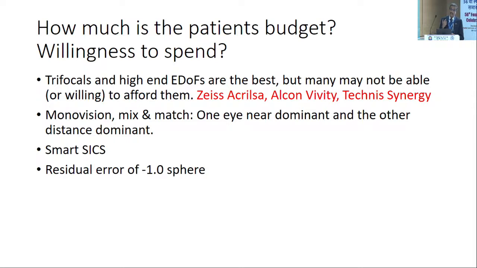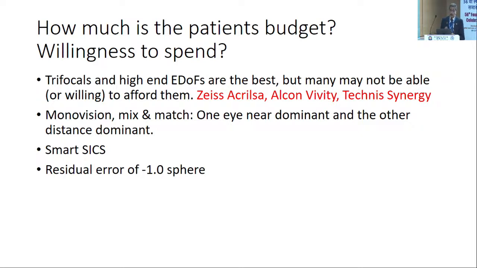What is his willingness to spend? Ability to spend is one thing, willingness to spend is another thing. So trifocal and high-end EDOFs are the best, but many patients are not able or even willing to afford perhaps a Zeiss Acrysof, an Alcon Vivity, or a Technis Synergy, all of them excellent lenses. So what else can we offer them?